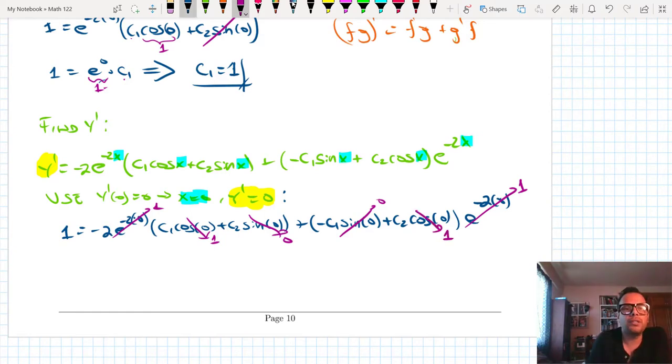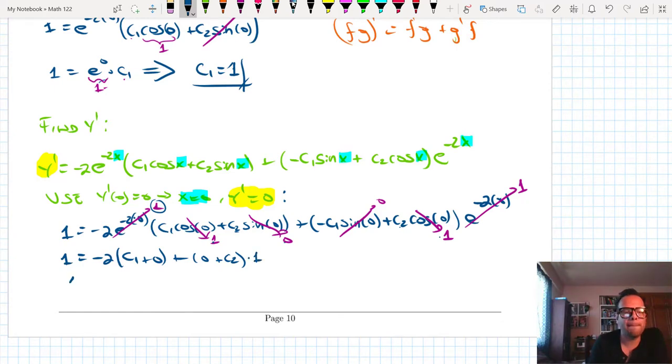Okay, let's write one at a time. So 1 equals 1 times negative 2 times c1 times 1, which is c1, plus c2 times 0, which is 0, plus 0, plus c2 times 1, which is c2, and e to the 0, which is 1, times 1.